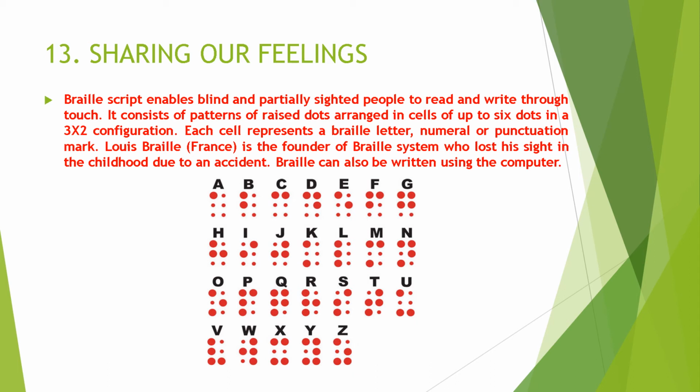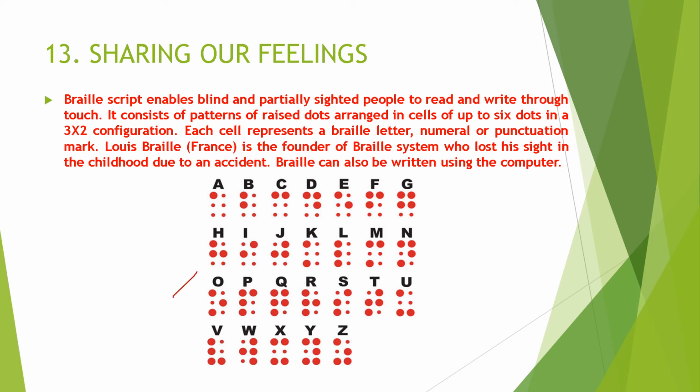Braille script enables blind and partially sighted people to read and write through touch. It consists of patterns of raised dots arranged in cells of up to 6 dots. So 6 dots are there. You can see in the picture as well.